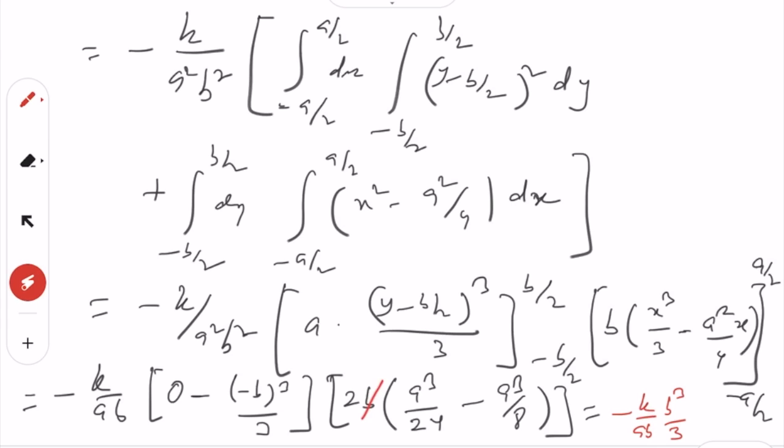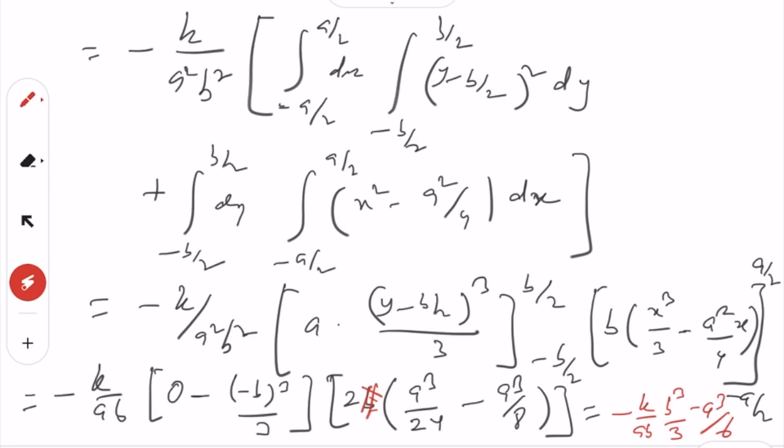We should not write this one. I have already taken a and b into account here, so b will not appear here, so 2 will be there. So we get a over minus a cube over 6. Okay, hopefully everything is all right now.